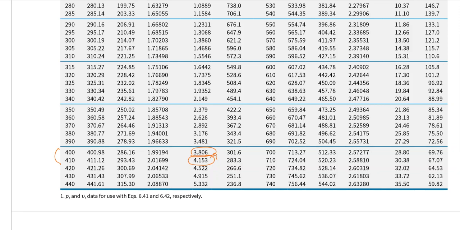So for our pressure ratio of 3.92, the enthalpy is roughly somewhere between the two, like 400 and 410. So doing the interpolation, you can find the enthalpy at a pressure ratio of 3.92.